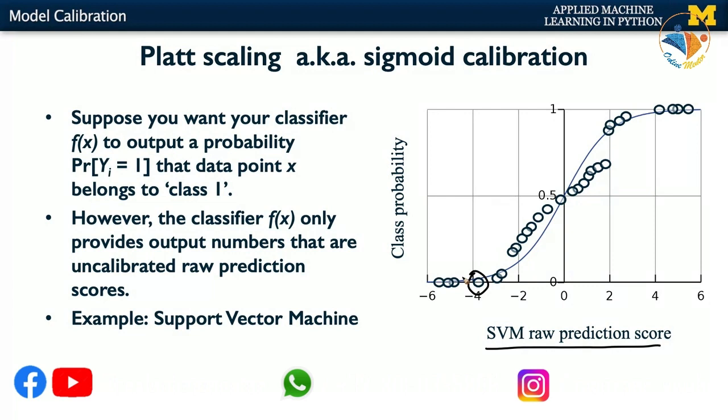So if we plot these points for an SVM, we might get a sort of curve that looks somewhat like this, and it's roughly sigmoid shaped. So in this case, sigmoid calibration is a good way to approximate that curve.